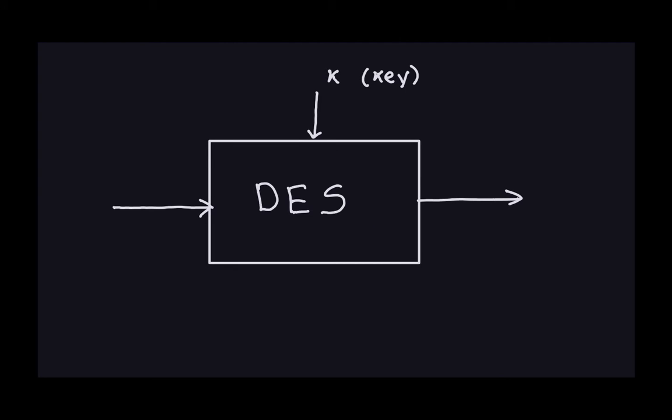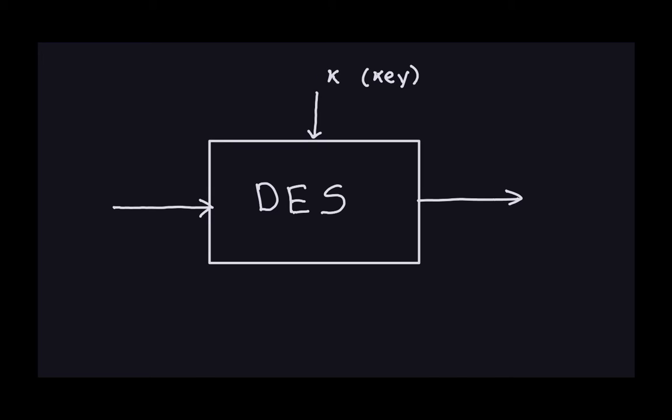And because Java is an object-oriented programming language, we will make an object that's gonna be a DES object, or a cipher that is gonna use the DES algorithm.